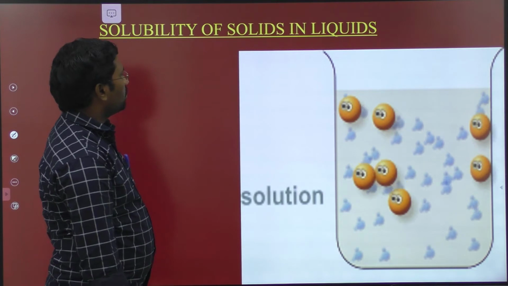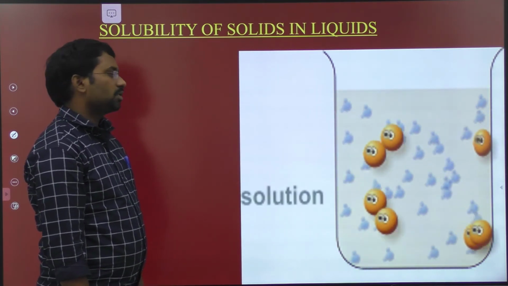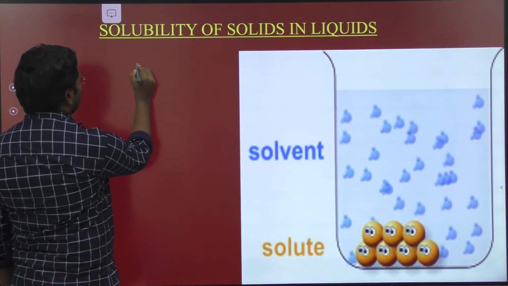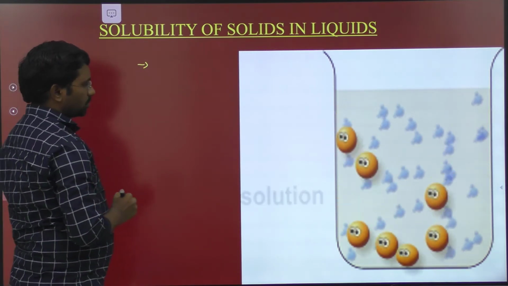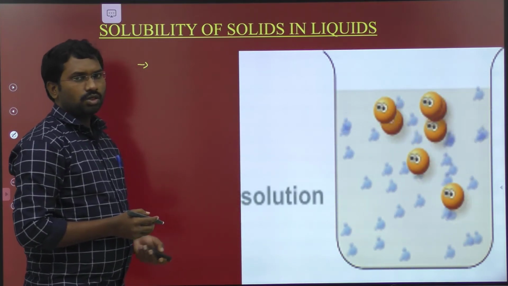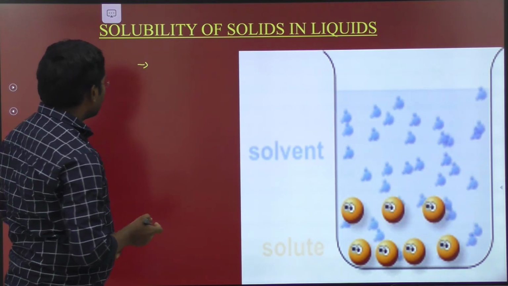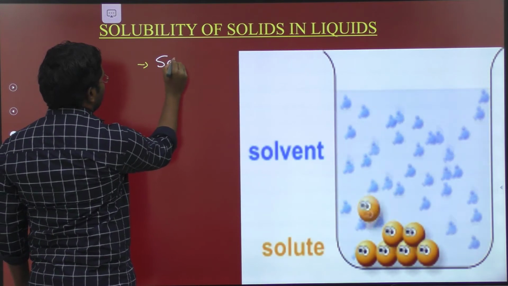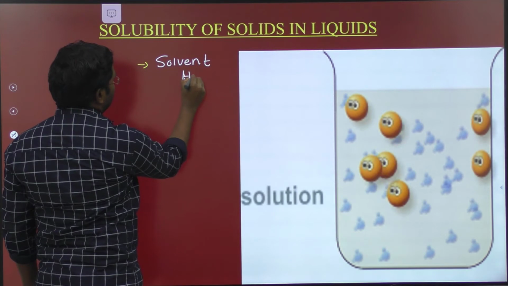The solubility of solids in liquids involves many concepts. Let us take some live examples. In the case of the liquid, I take water, a universal solvent. I took some water in that beaker, and water is always the solvent. So in this example, the solvent is water.